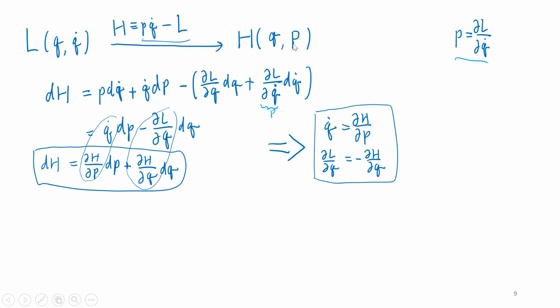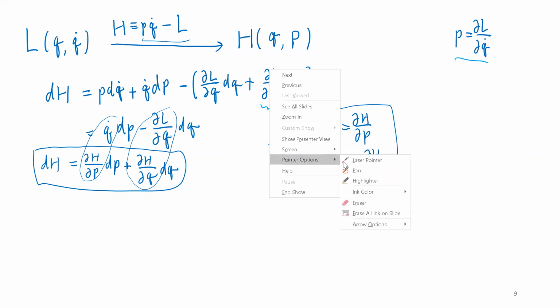Okay, so what I mean is that, as I mentioned already, this P, we know that this is the generalized momentum, so-called. And why do we call that the generalized momentum? It is because of the Lagrange equation. So from the Lagrange equations, we have the following.